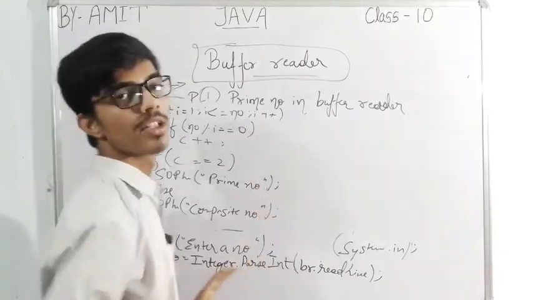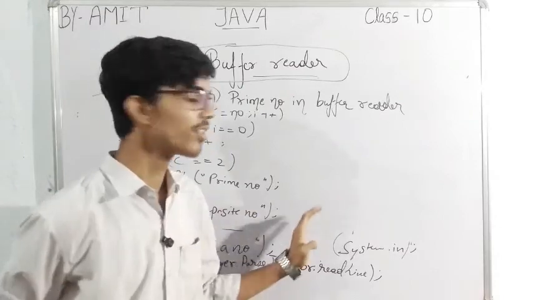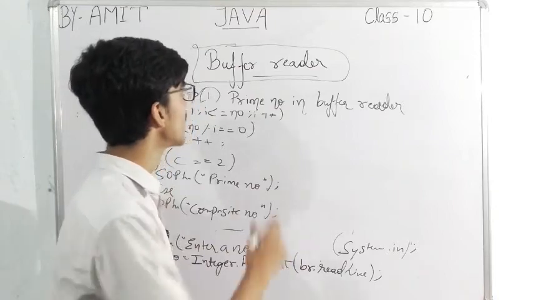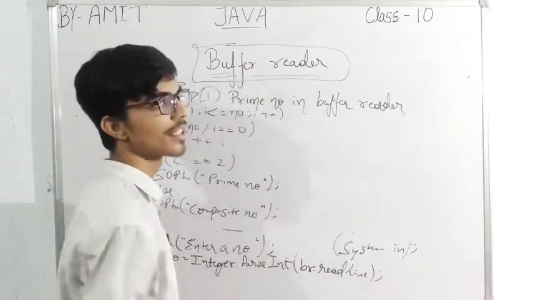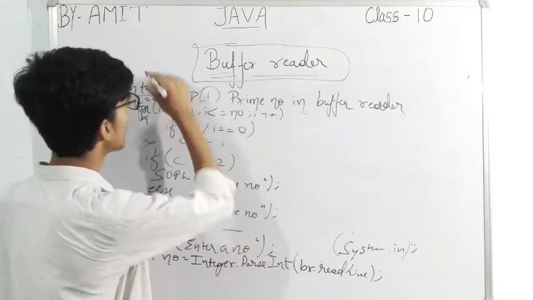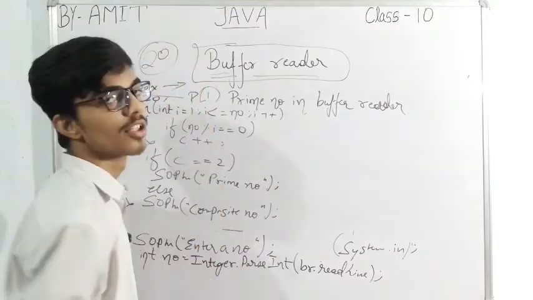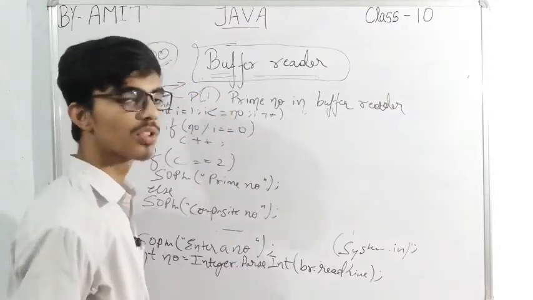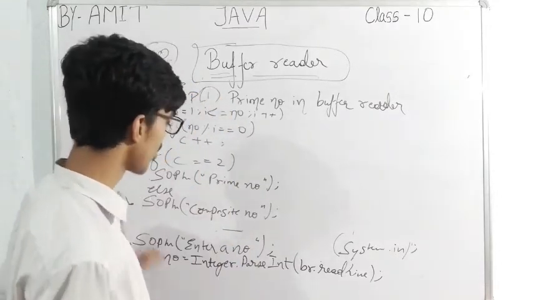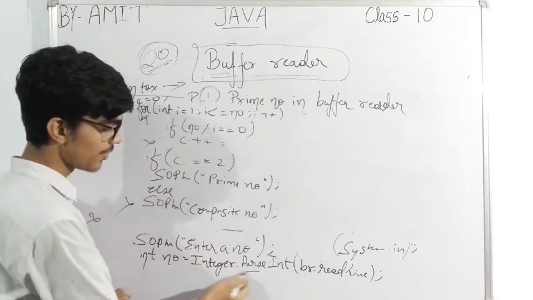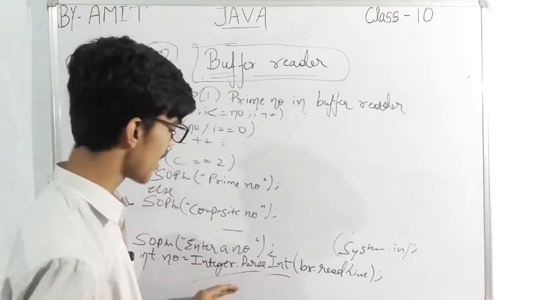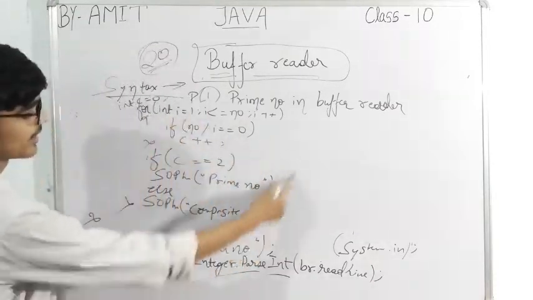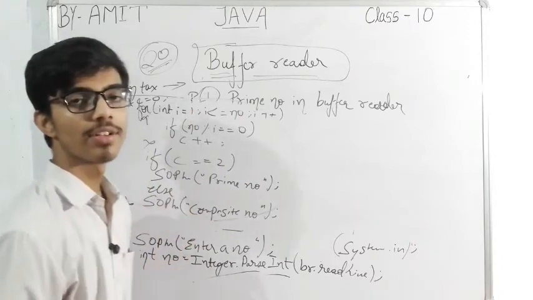This buffer reader is not that important, as we write programs in the scanner class, but questions from this buffer reader can be asked in output finding, which is of 20 marks. So we have to know about this also, as only a few statements are different, but the logic behind it is the same everywhere.